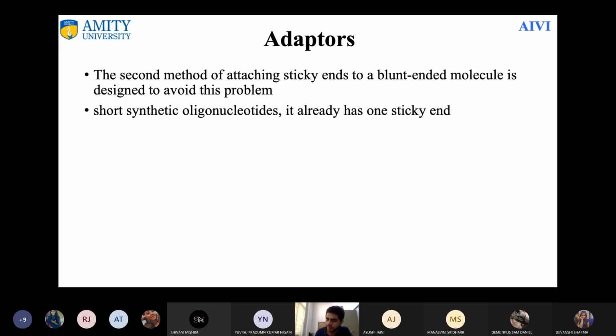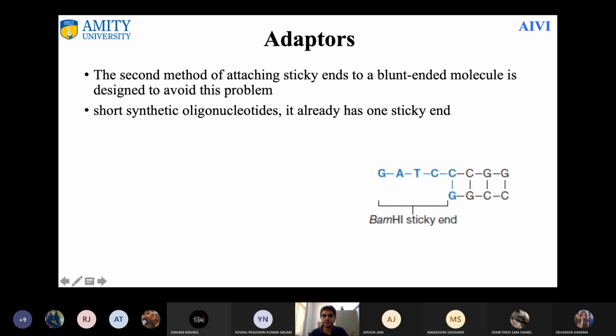It's not like the linkers, which were blunt-ended and you had to restriction digest after linking. Simply, the linker that you had earlier, you restriction digest, and after the restriction digestion of the linker, you are making that adapter that you are joining. That is called an adapter.